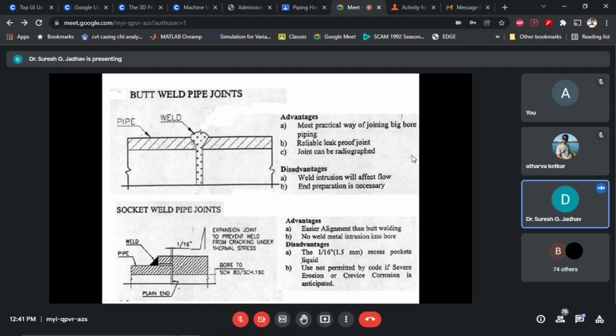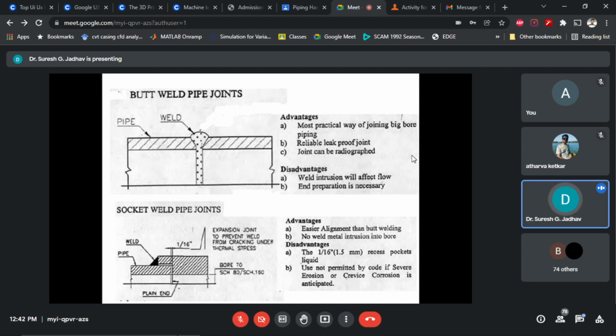So why do we radiograph? We can see the pipe connections at the time of matching two pipes with butt weld, with the help of a radiographic system, to check if there is any leak. If there is no leak, then we call it reliable against leaks. Therefore, it is called a reliable approved joint.